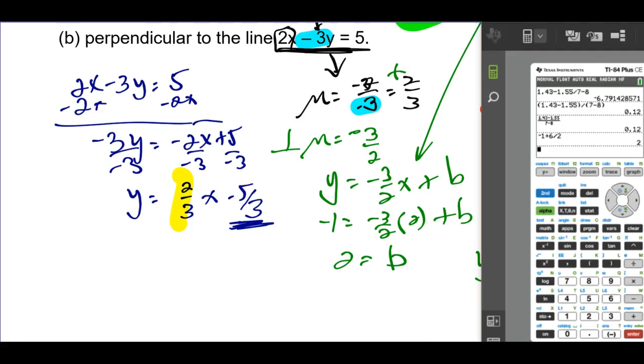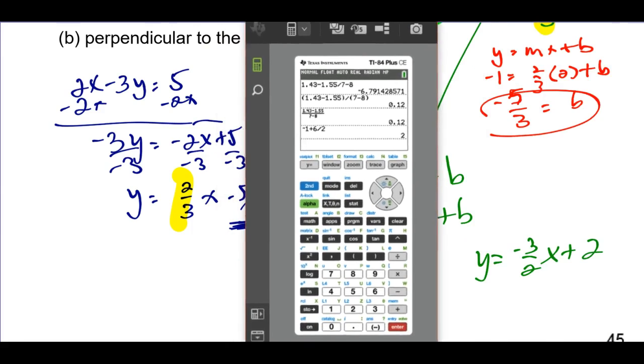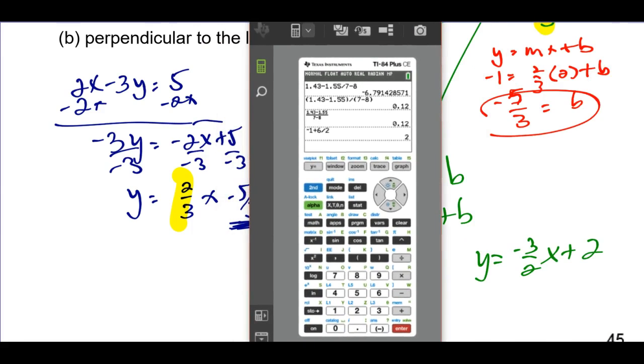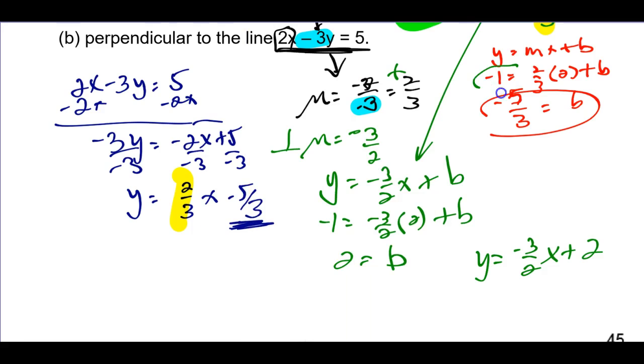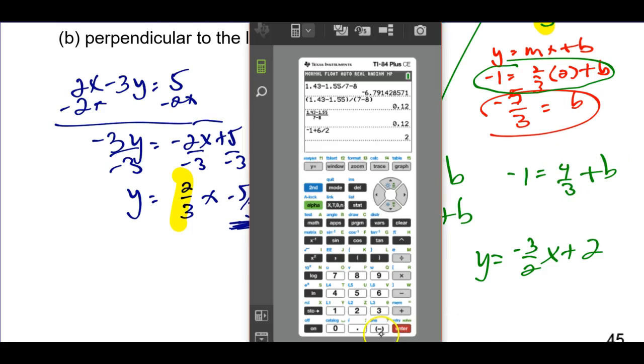I should have shown you up here, maybe. Maybe I'll show you this one, because this one turned out to be a fraction. So I'll type this guy in right here. If negative 1 is equal to 4/3 plus b, then again, on your calculator, I'll type in negative 1 minus 4/3.